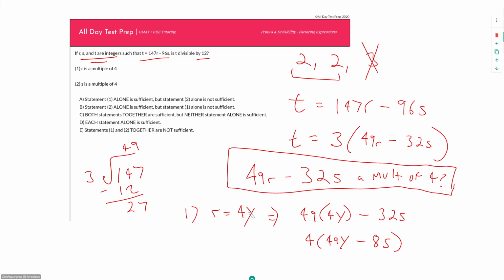I don't know what y is or what s is still, but I know I can express 49r minus 32s as 4 times 49y minus 8s, so just 4 times some integer. This is telling me that 49r minus 32s must be a multiple of 4. So this statement is actually sufficient because I already have my 3 to start, and then this is telling me that I have my 4 from over here.